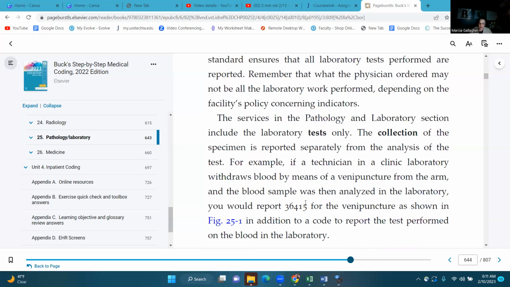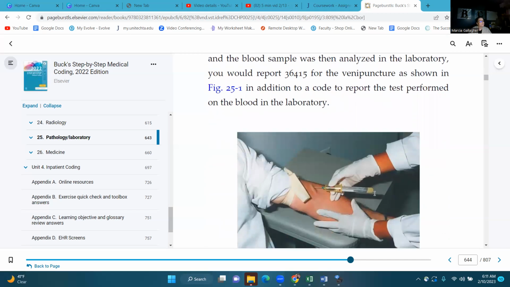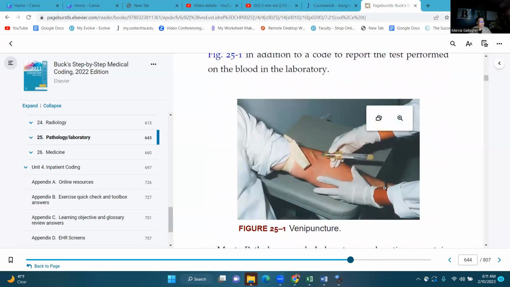Please tab 36415 and just say venipuncture on a tab so you know where that's found automatically, because venipuncture is used quite regularly. So, of course, this is a venipuncture.